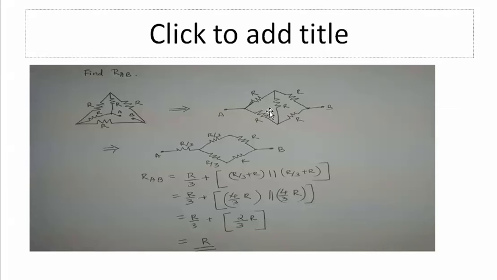The important thing to note is that the power will remain a constant whatsoever may be the configuration. That is, in star, whatever is the power consumed, the same will be the power consumed in delta. In the case of AC circuits, even the power factor will be the same. That is the point to be noted. So thank you.